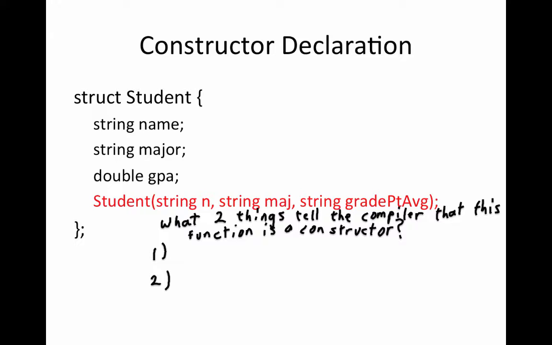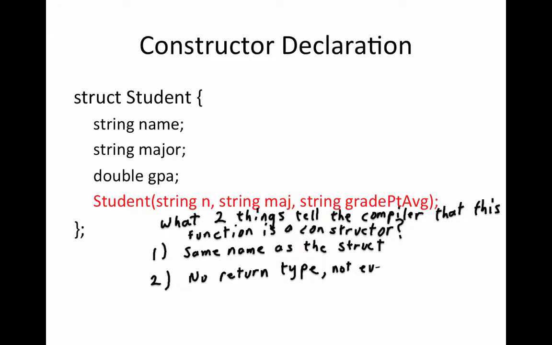Okay, there are two things. Same what? Same name as the struct, okay? And no return type, very good. Not even a void. Okay, so no return type, not even a void. Those two characteristics set a constructor apart from any other kind of function.